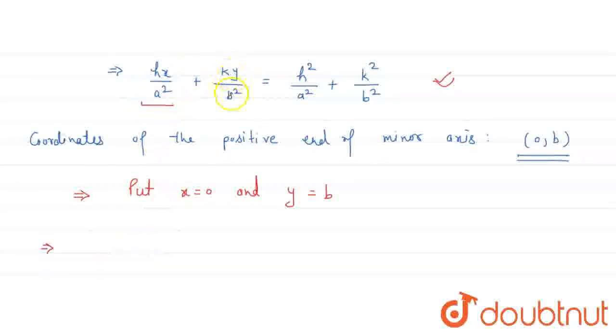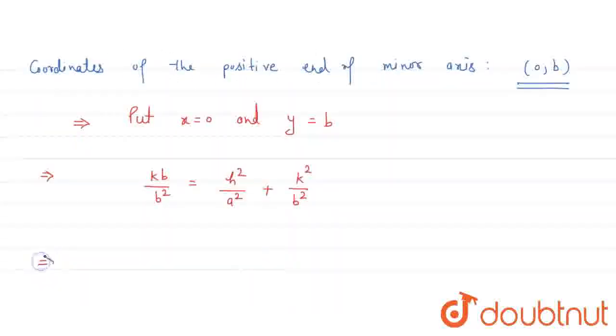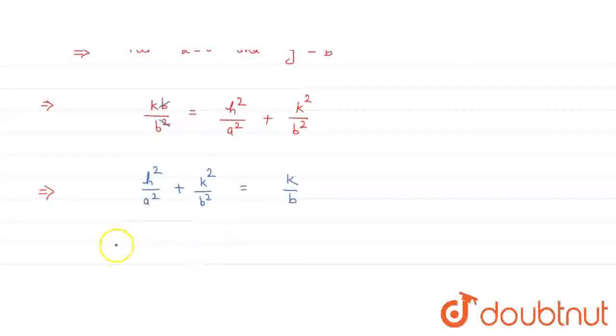So kb upon b square is equal to h square upon a square plus k square upon b square. Now cancel out b and b. So what we get? h square upon a square plus k square upon b square is equal to k upon b.